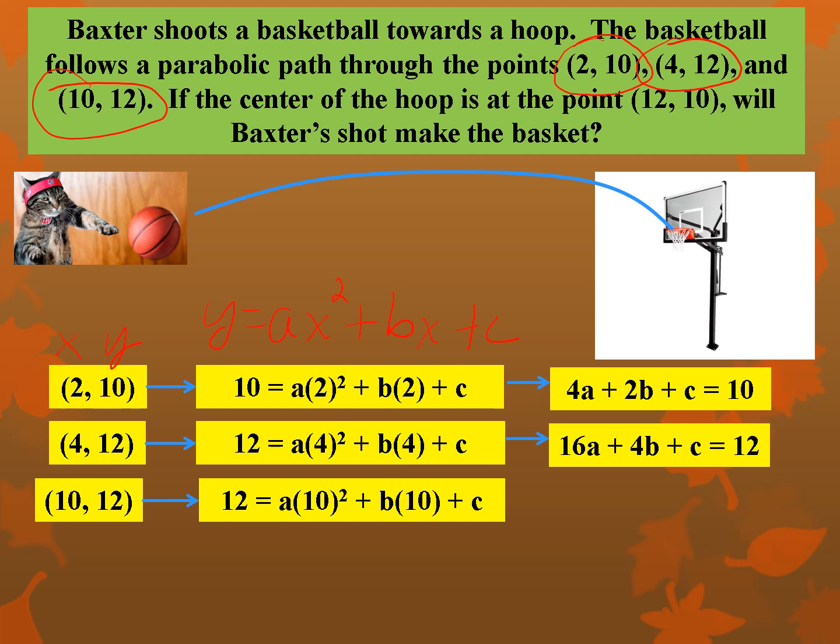So 10 squared is 100, and then 10 times b is 10b. So we've come up with our equation. We can solve it like we did on the last slide, or in this example, I'm going to show you how to utilize your calculator.